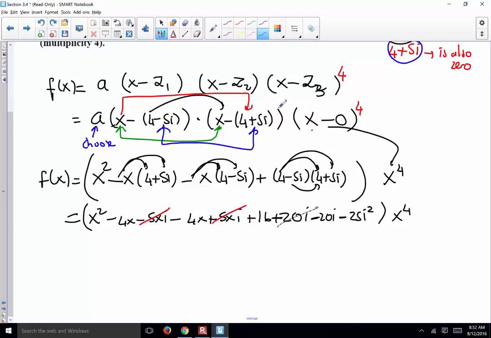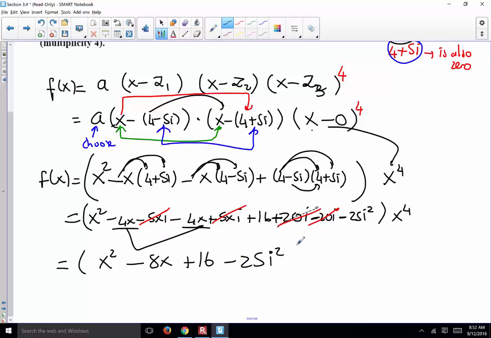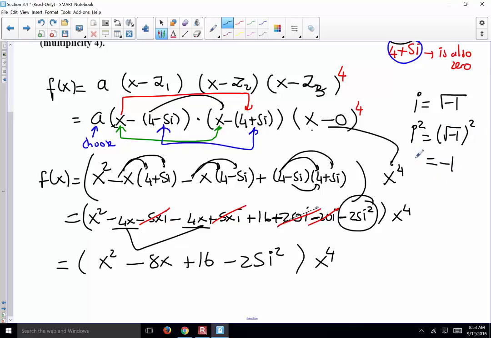All right, 20i minus 20i cancels as well. Minus 4x and minus 4x makes minus 8x plus 16. There is some i left, so I should have made a mistake somewhere. I promised you no i is left. What is i squared? i is root negative 1. Once I square it, the square of root negative 1 is negative 1.